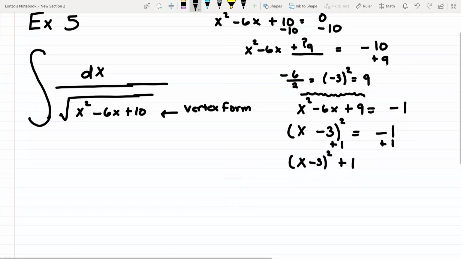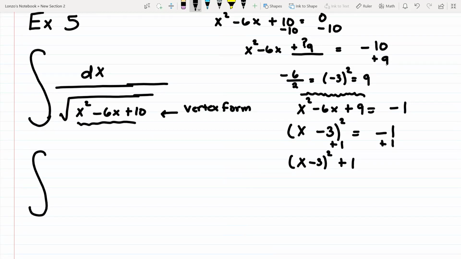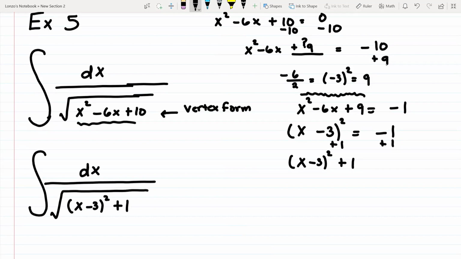So x squared minus 6x plus 10 can be written as parentheses x minus 3 squared plus 1. Okay.